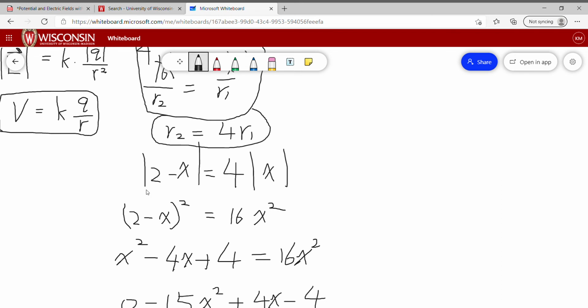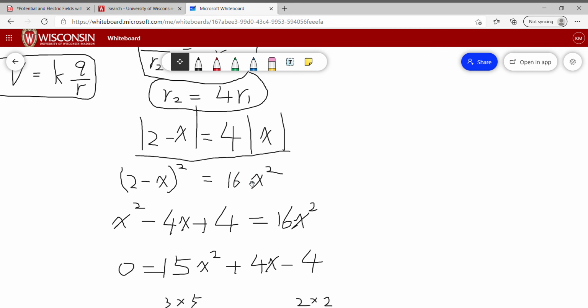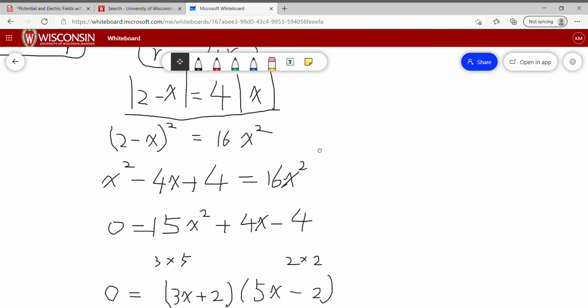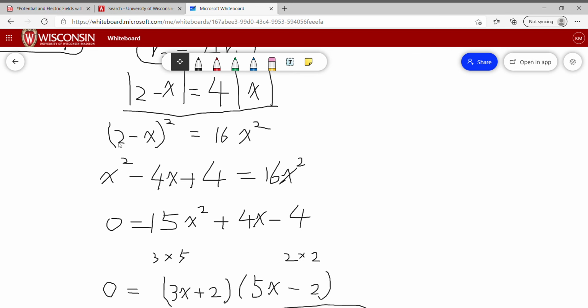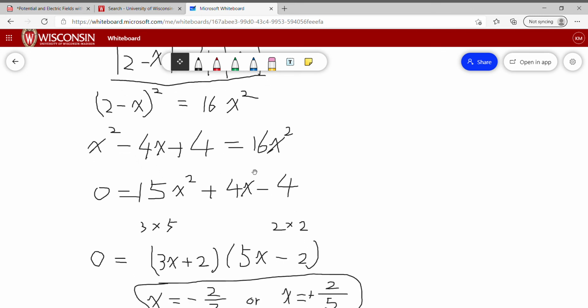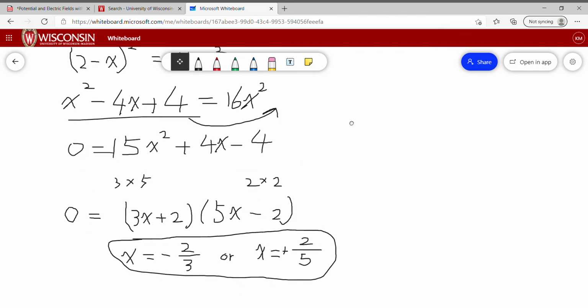So it's this equation, and then we square each side, so it's 2 minus x squared equals 16 times x squared. We expand this square, so it's 4 minus 4x plus x squared equals 16x squared, and then move all the terms from left to right, so it's 15x squared plus 4x minus 4 equals 0.